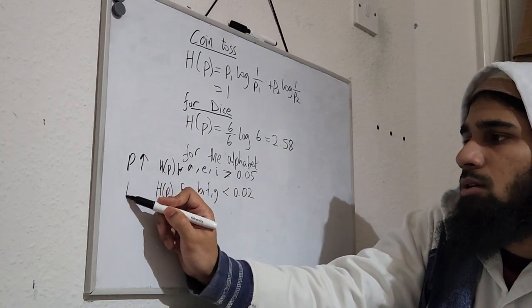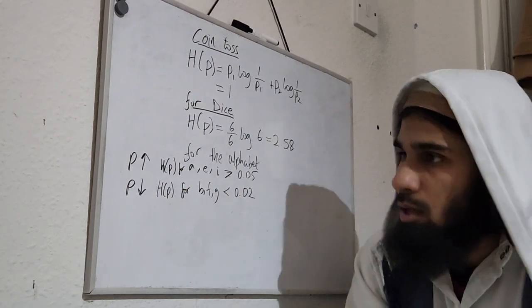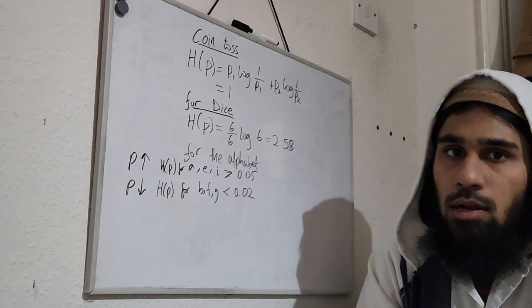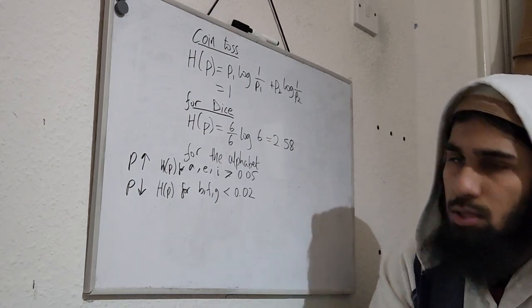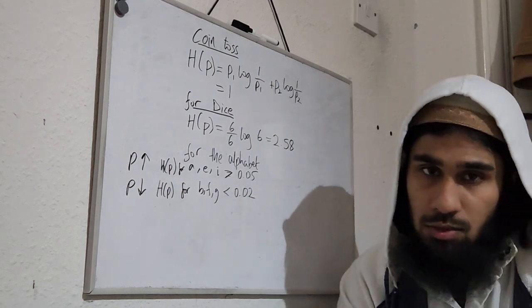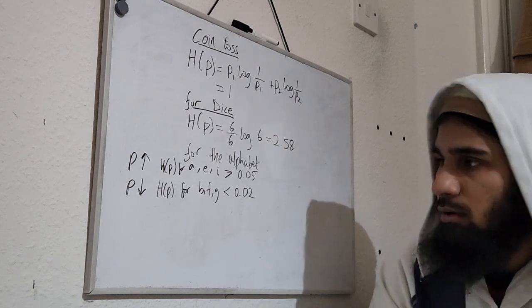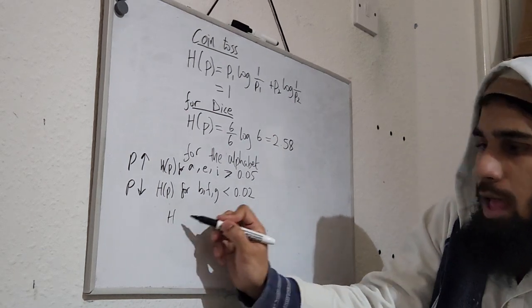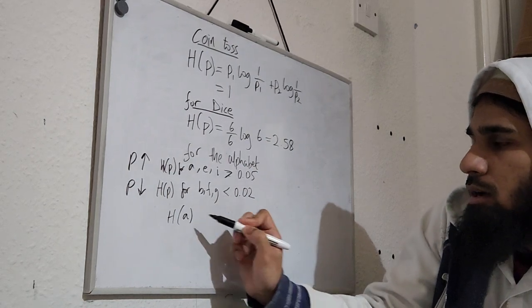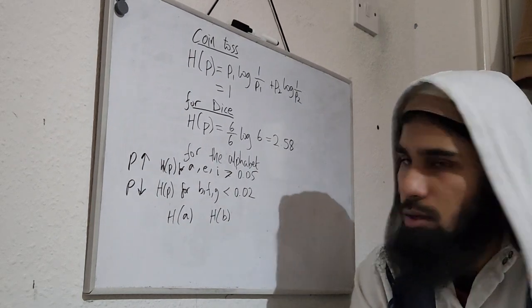But the probability of BFG is low, so the entropy is also low. And this has to do with information, and we're learning about this because it's very much used. So the entropy of A compared with the entropy of B, which one's bigger?